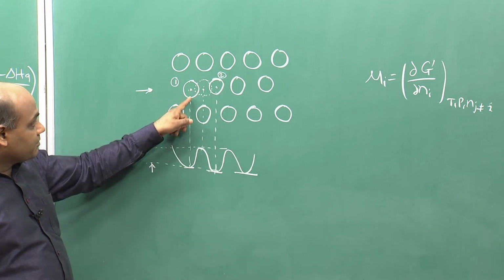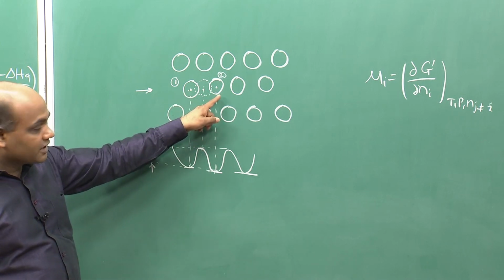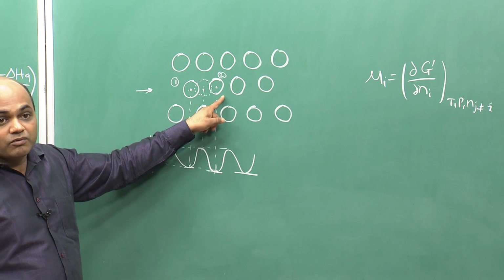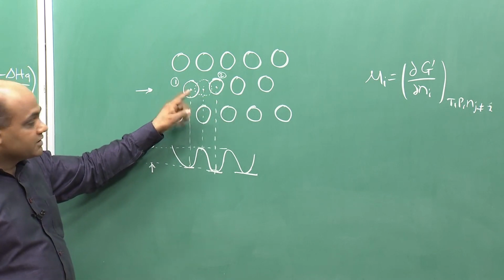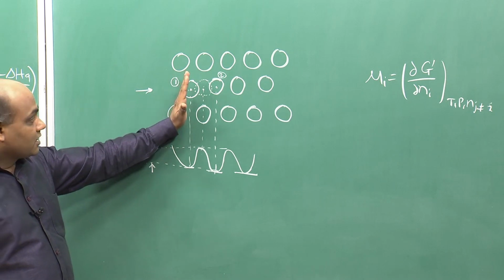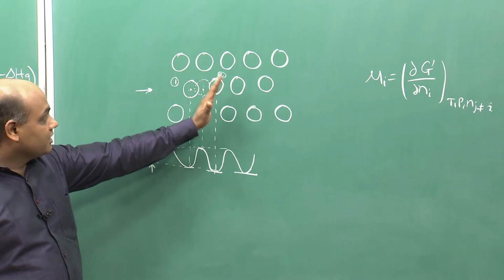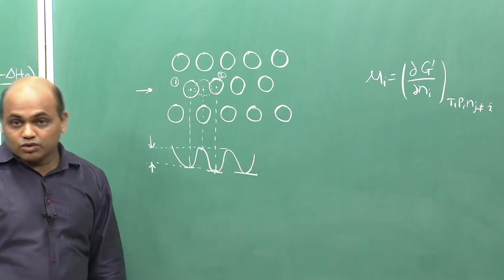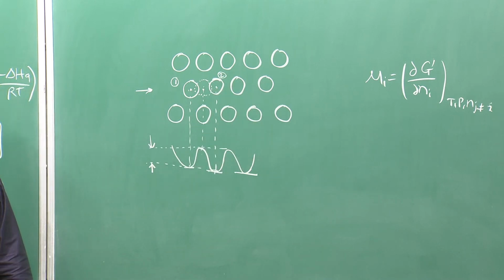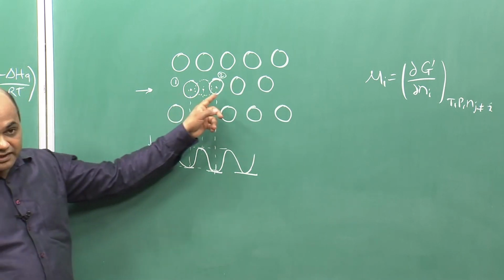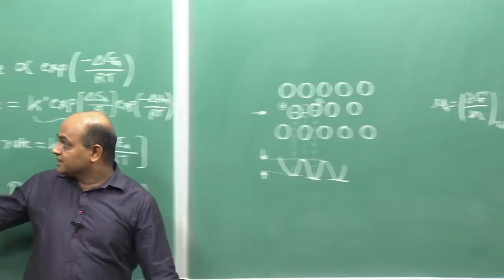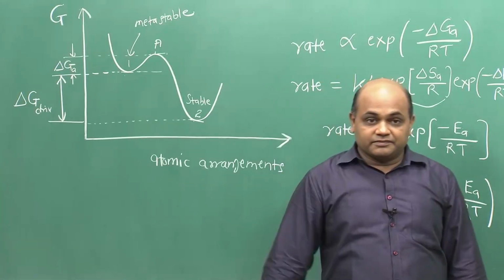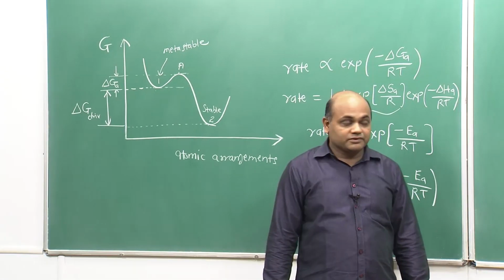So, if the chemical potential of site 1 is higher than that of site 2, what is going to happen? The decrease in Gibbs free energy around 1 is going to be more than the increase in Gibbs free energy around 2. That means there will be a net decrease in Gibbs free energy, and so there will be a certain driving force for diffusion to occur.